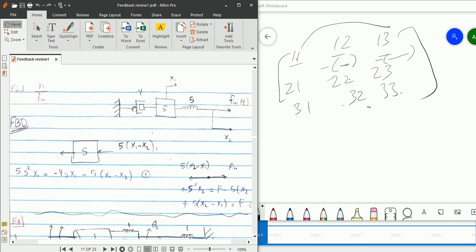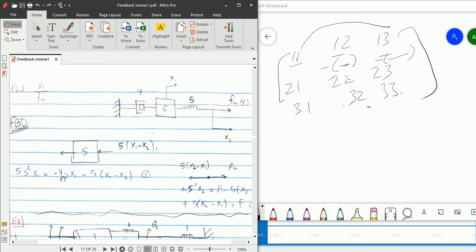Okay, x1. And then the second force is the spring force, which will again be opposite, because if the force acts like this, its force will be opposite. Yes. Okay, so it will be 5 into x1 minus x2.